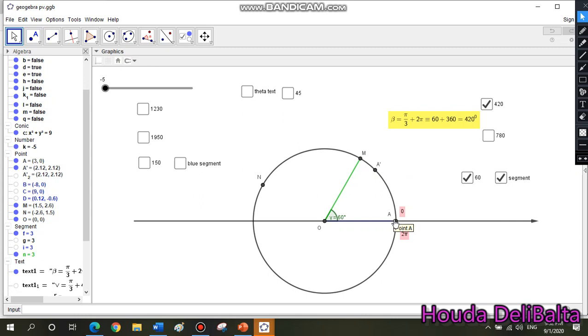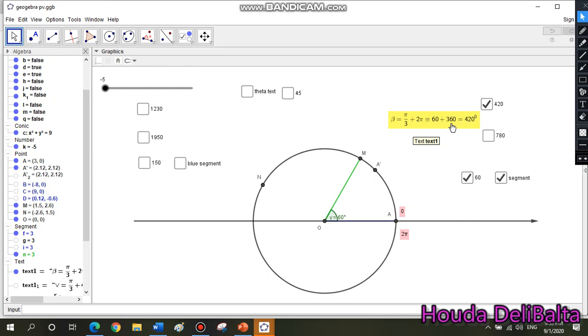So what I see is only the end point of the arc. So that's confounded with the end point of the arc whose measurement is 60 as well. So that's what we mean by the principal value. So again, 420 degrees is not a principal value because it's a very large angle. It's larger than 180.